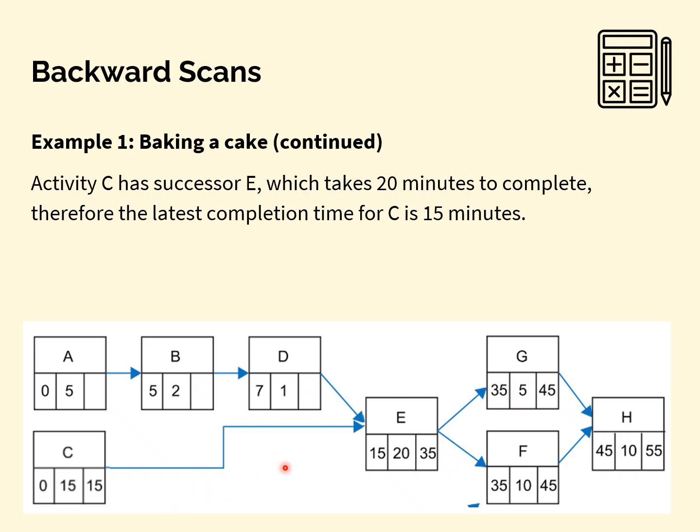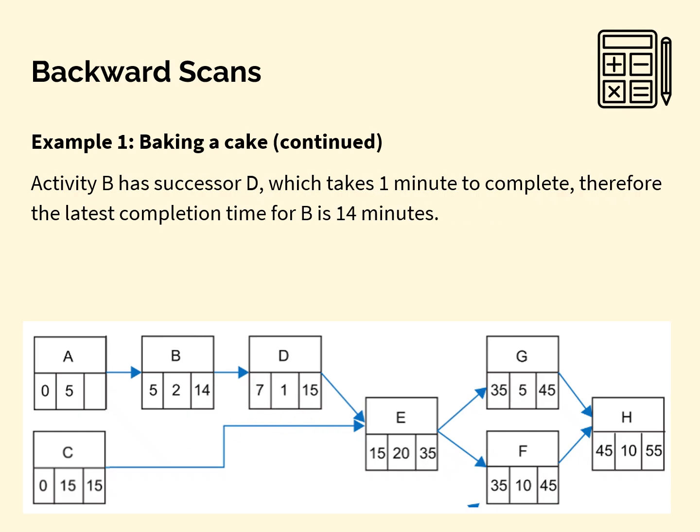Looking at activity D, it only has the one successor, E. So again, its latest end time must also be 15. Looking at activity B, it only has the one successor, D, and 15 take away 1 makes 14. So its latest end time is there.